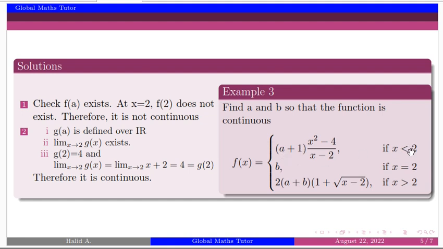So for x less than 2, f of x is defined by a plus 1 times x squared minus 4 over x minus 2, and if x is equal to 2 it will be b. And if it is greater than 2, we have these other functions. So let's see their limits, and the only point we must check is x equal to 2, because elsewhere these are rational functions, and for rational functions we check the denominators to see whether they are continuous or not.